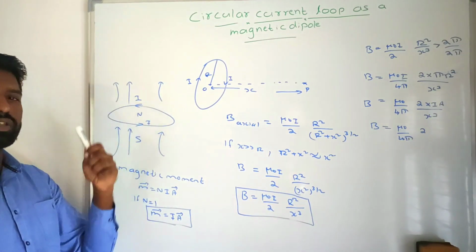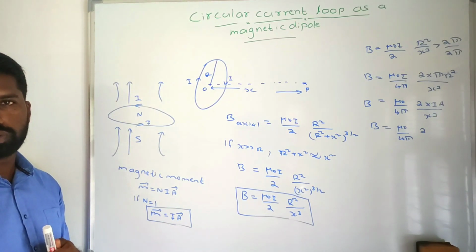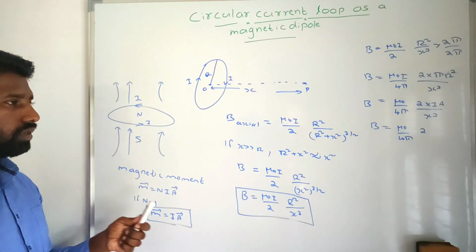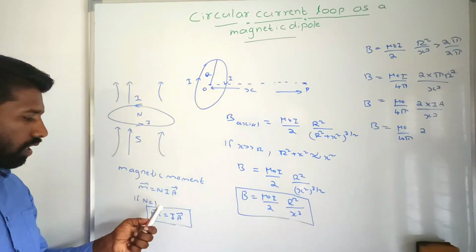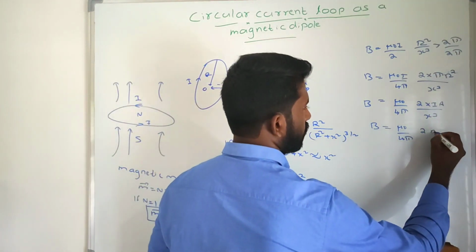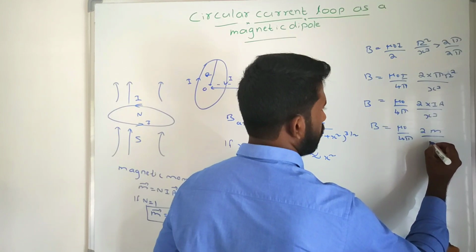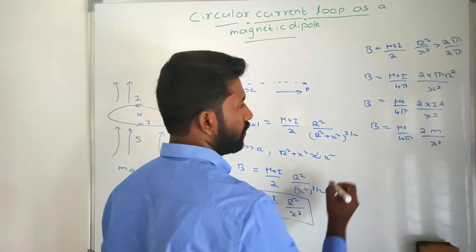The area of cross section direction we can find out by palm rule. Clear? Then this value we will apply there. So IA is a magnetic moment, so I will apply here: 2M by x cube.